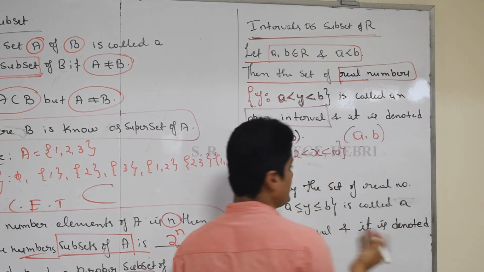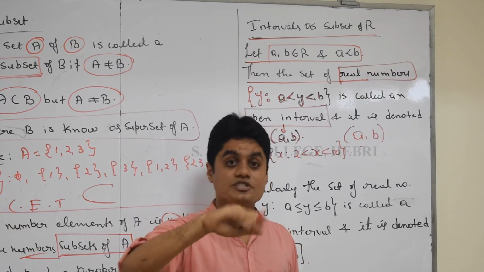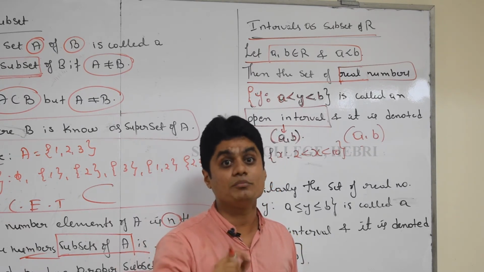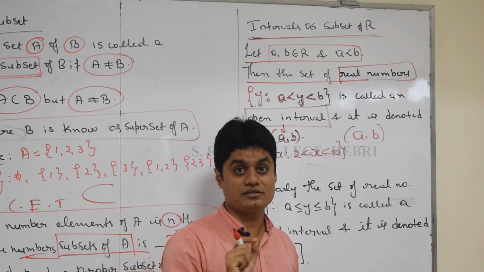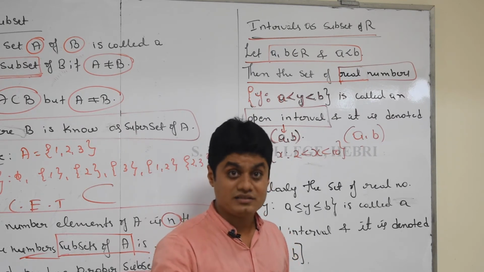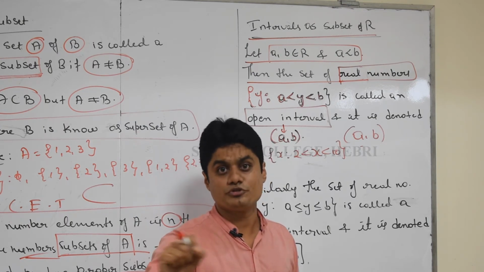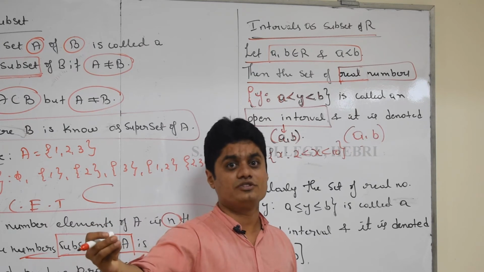So how many elements are there? Infinitely many. Can you give me a real number immediately more than 2? It is not possible to decide the immediate next real number after 2. If you say 2.0001, I can include an extra digit to that.